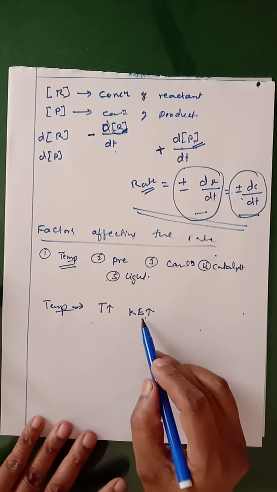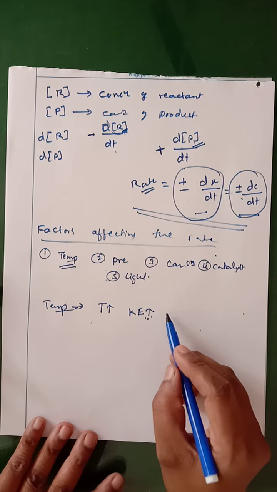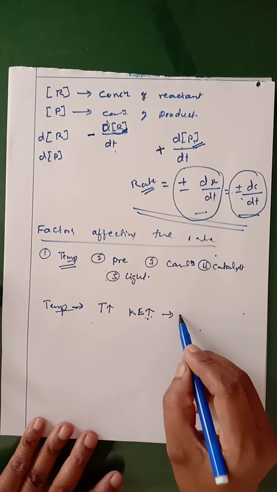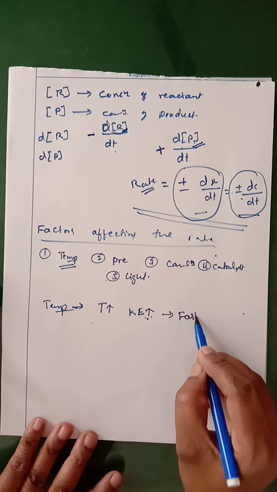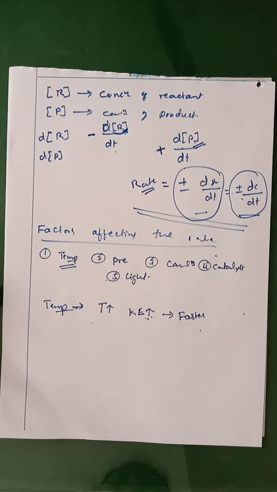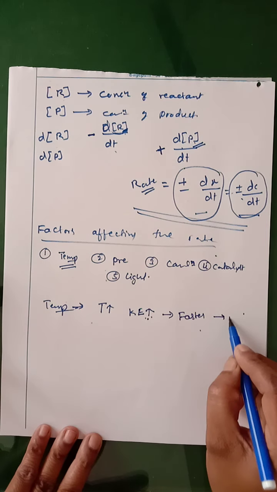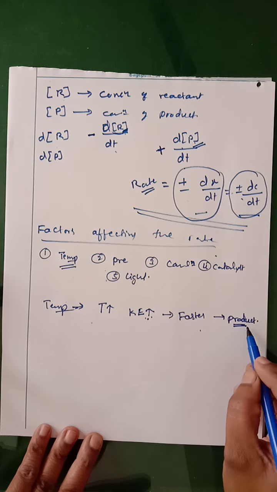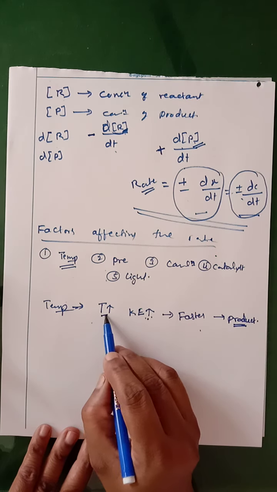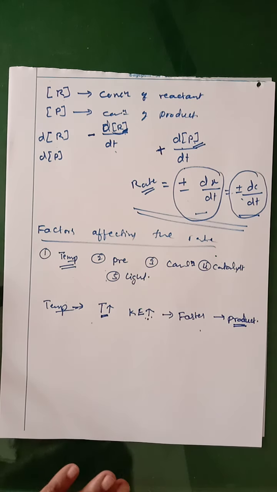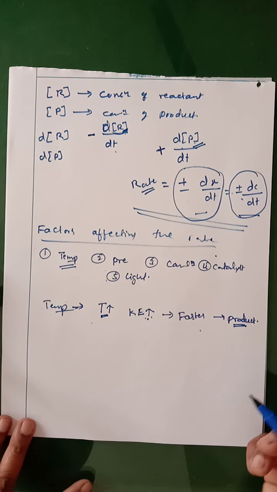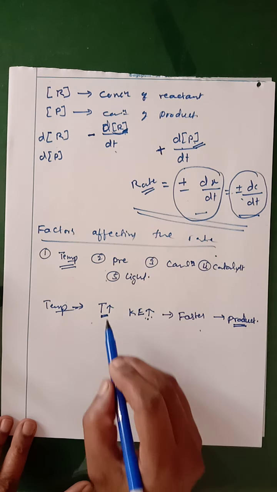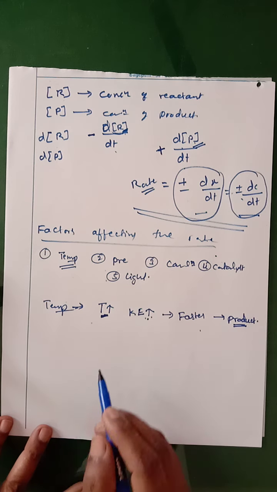Because of the increase in kinetic energy, the reactants will move with faster velocity and they will collide with one another so that the product is formed. So the product formation increases with an increase in temperature. That means the rate of reaction increases with increase in temperature.